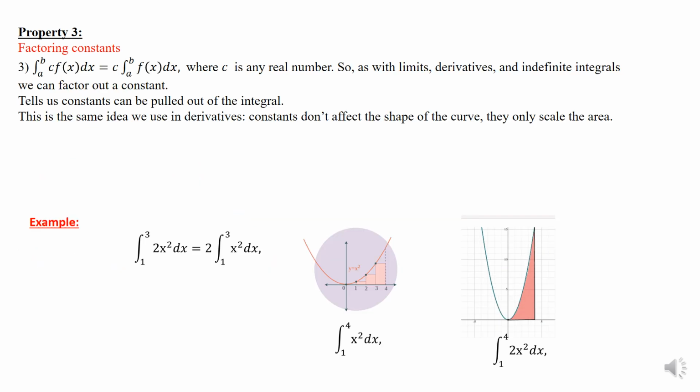So in general, the integral from a to b of c times f of x, where c is a constant, will be equal to c multiplied by the integral of f of x dx. c is any real number. So, as with limits, derivatives, and indefinite integrals, you can factor out a constant. It's the same idea we use in derivatives. Constants do not affect the shape of the curve, they only scale the area under the curve.